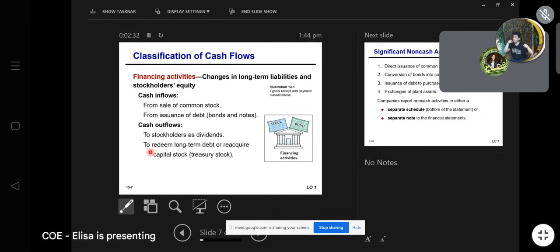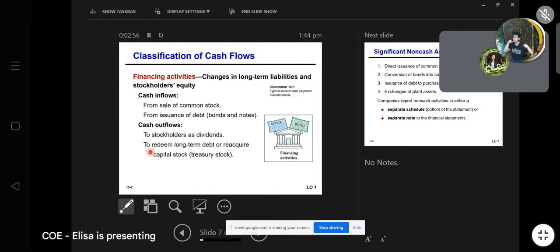So that's financing activities, you need financing, right? The operational requirement, you have investment requirement, so you need funds to finance these two. Now, there are two sources of financing.